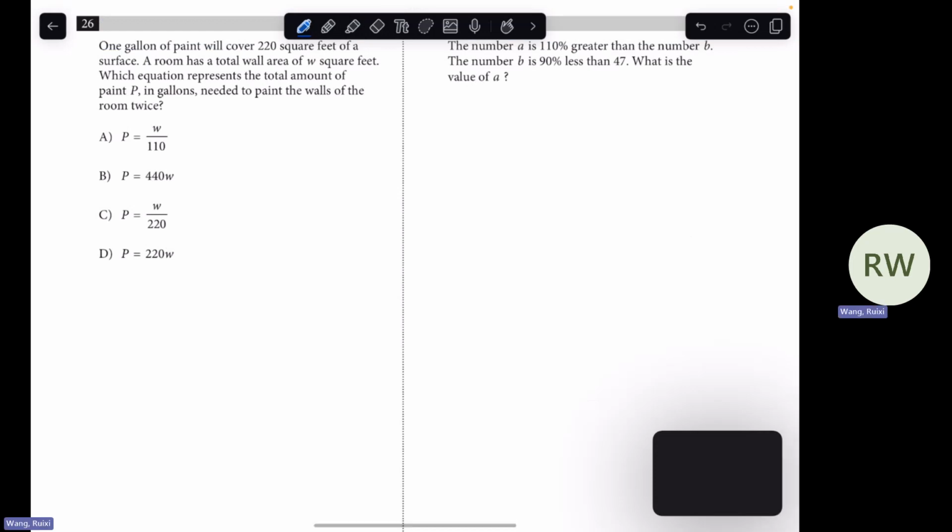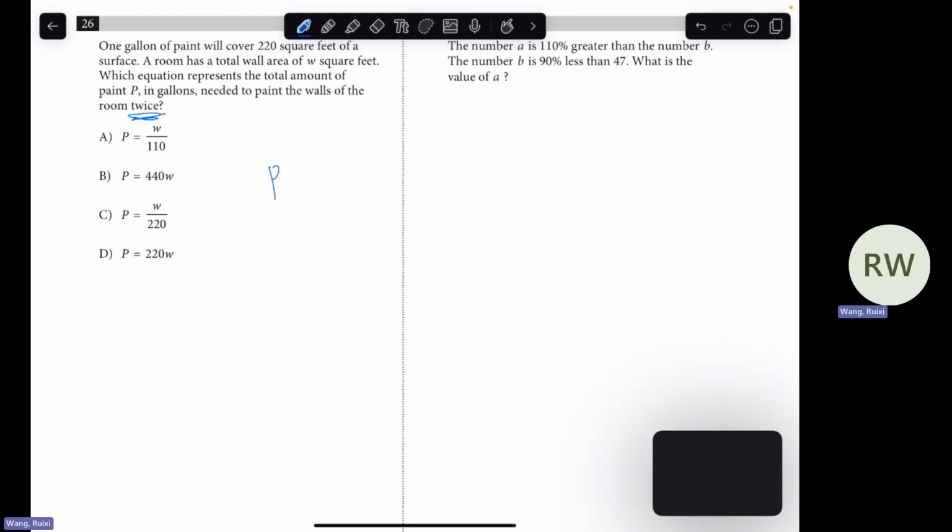1 gallon of paint will cover 220 square feet of a surface. Which equation represents the total amount of paint, twice, right? So just some tiny details. 1 gallon covers this much, so let's say we have P gallons.